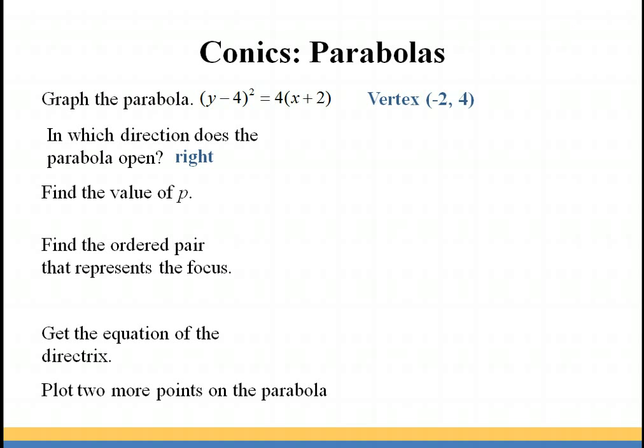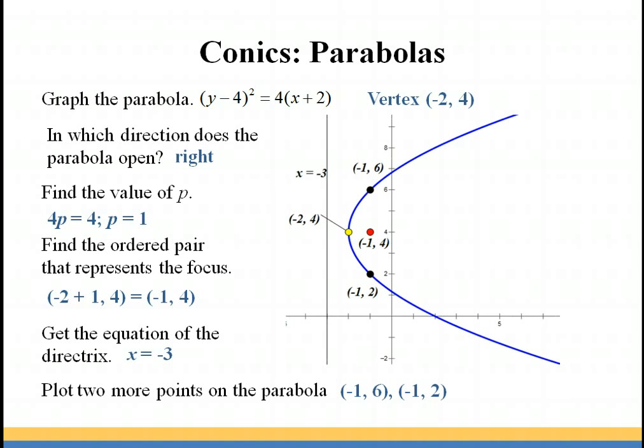This time y is squared, and our 4p is positive. 4p is equal to 4, which is the coefficient of x, so p is 1. Then we want to find our focal point, so we're going to add 1 to our x-coordinate this time, because it opens to the right, and we want to be inside the curve of the parabola. And then our directrix is going to be on the other side of the vertex, so we have it at x equals negative 3. Then I plotted 2 more points, and now we can graph it.